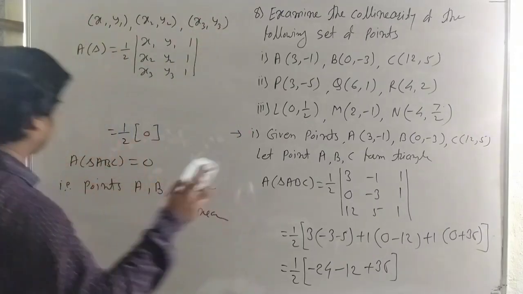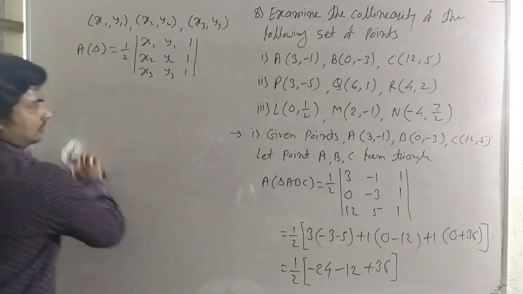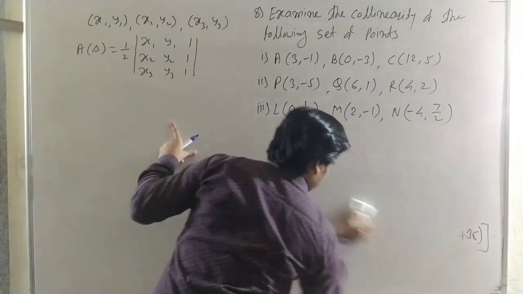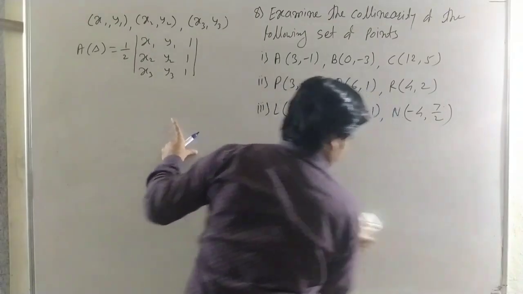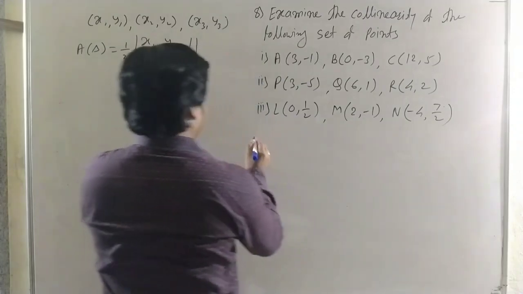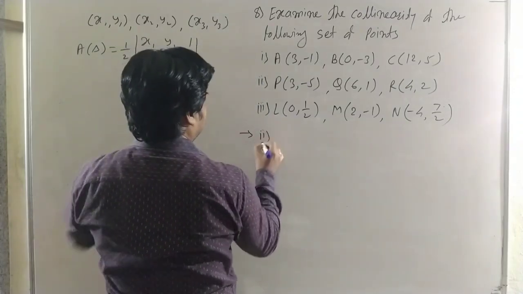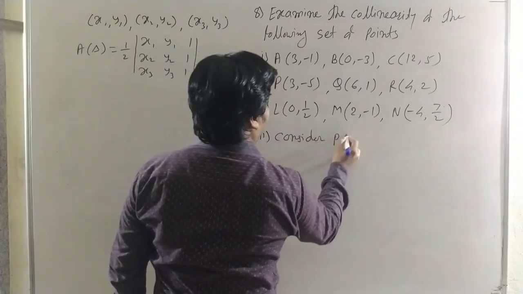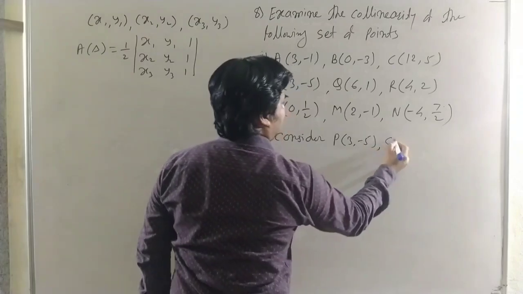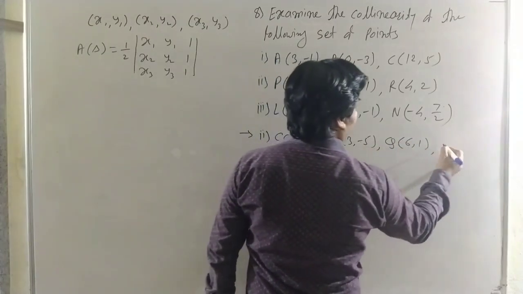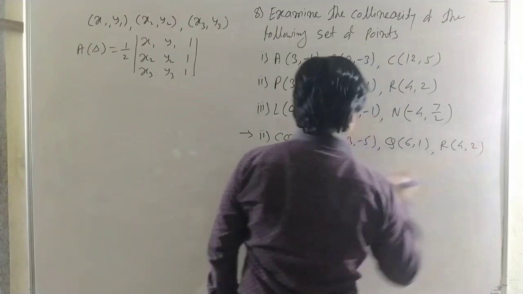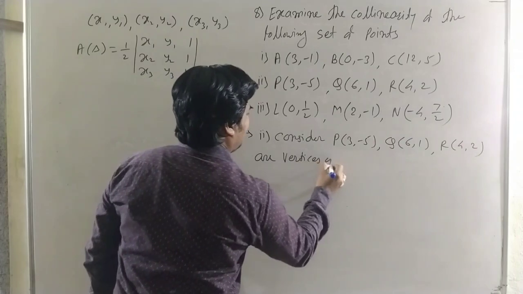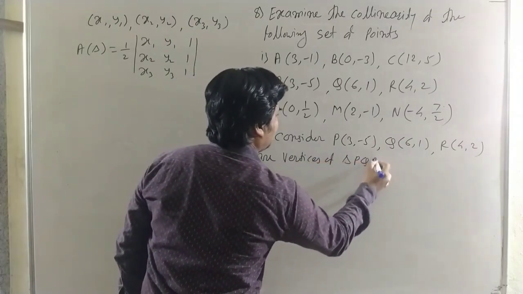Now you can see the second example. Consider P, Q and R as the vertices of triangle PQR.